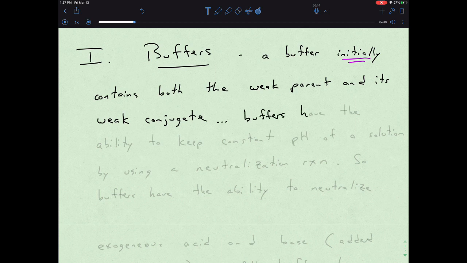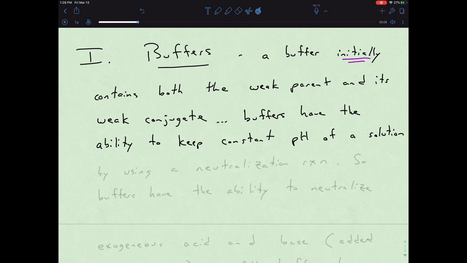Buffers have basically the ability to keep constant pH of a particular solution. So that's why we use it a lot, and that's why buffers are used in all areas of science.